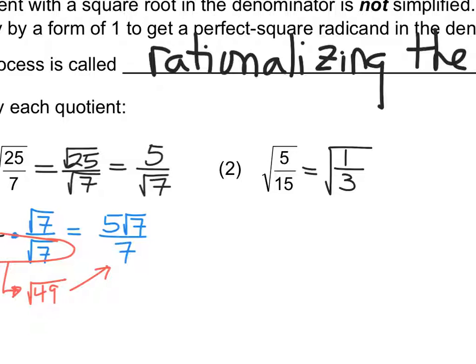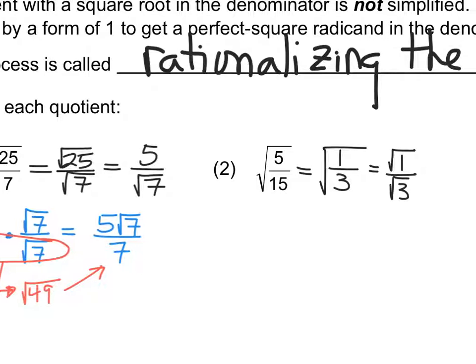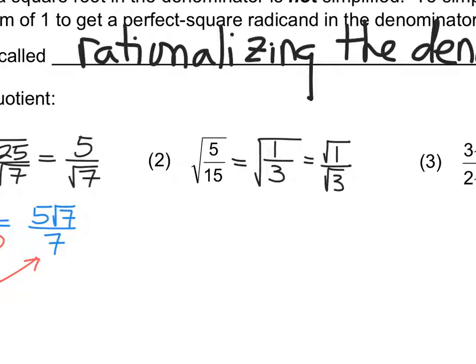All right? So then that's the same as the square root of 1 over the square root of 3. Which is the same as, well, what's the square root of 1? 1. Square root of 3 is the square root of 3. All right, so now I have a 1 over radical 3.